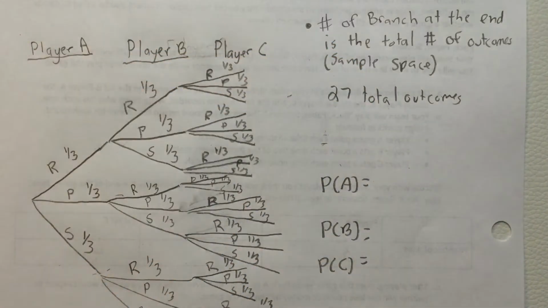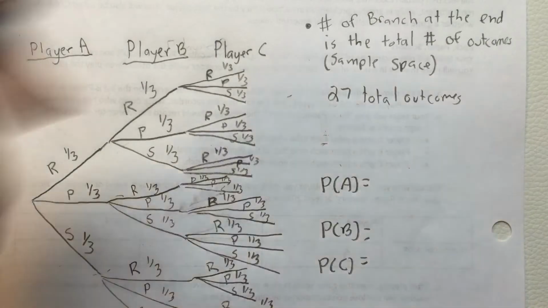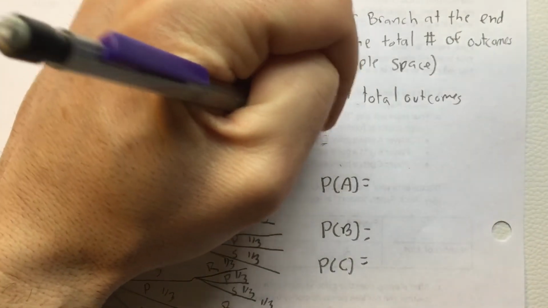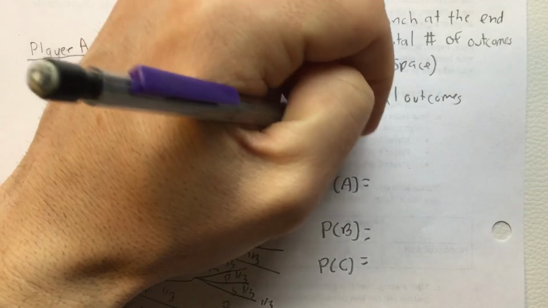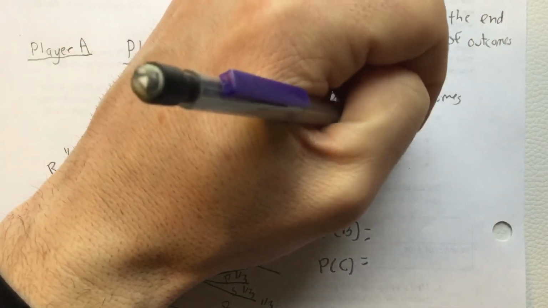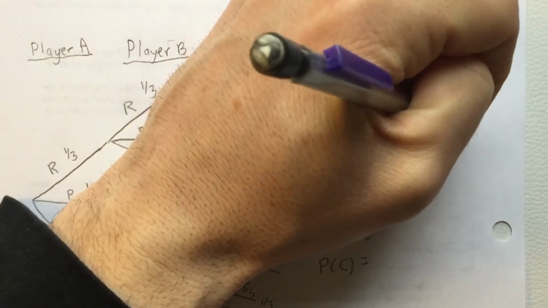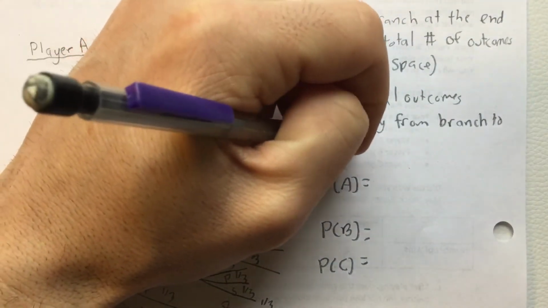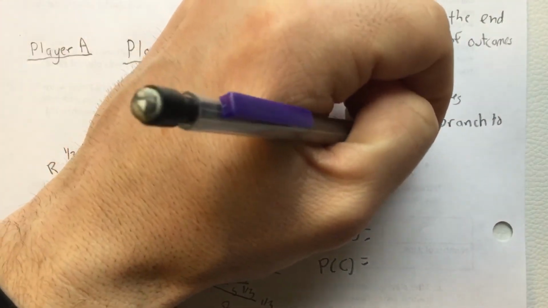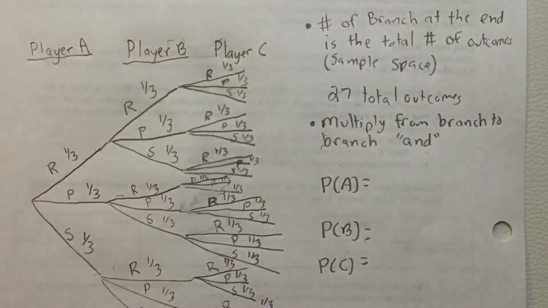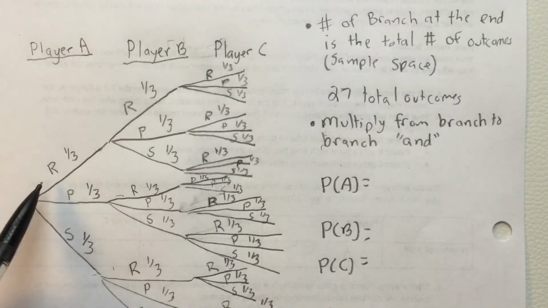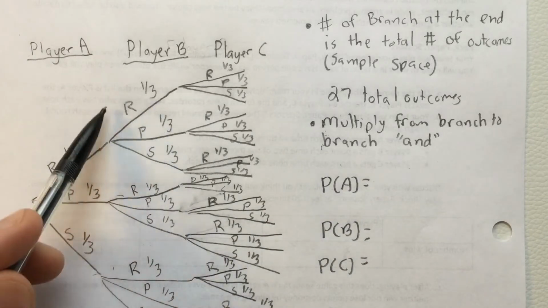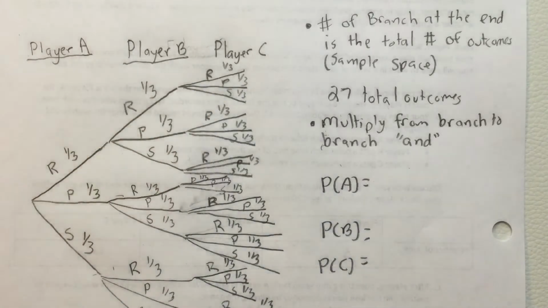Now, the other thing you need to know for a tree diagram is that you multiply from branch to branch. Because that's what we call an AND probability. AND means to multiply in probability. Because, for example, if I want to know the probability of getting rock, rock, rock, player A had to throw a rock, player B had to throw a rock, and player C had to throw a rock.